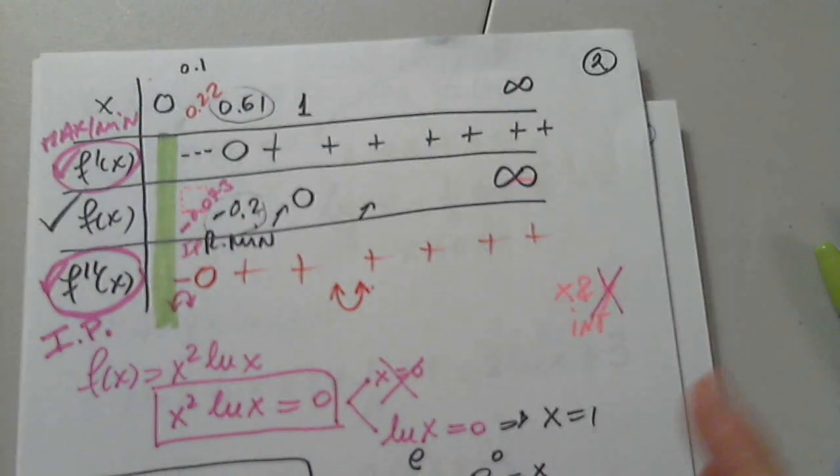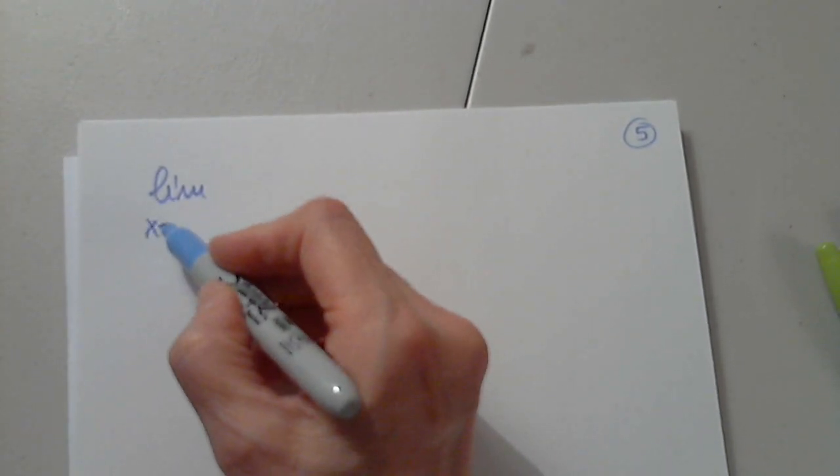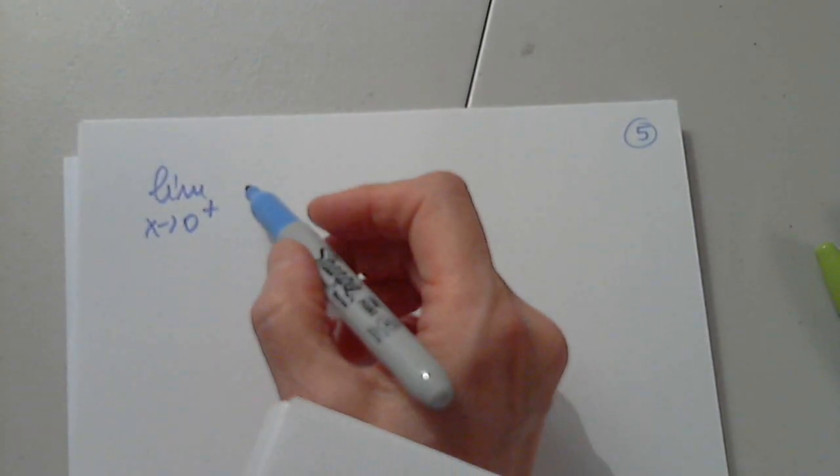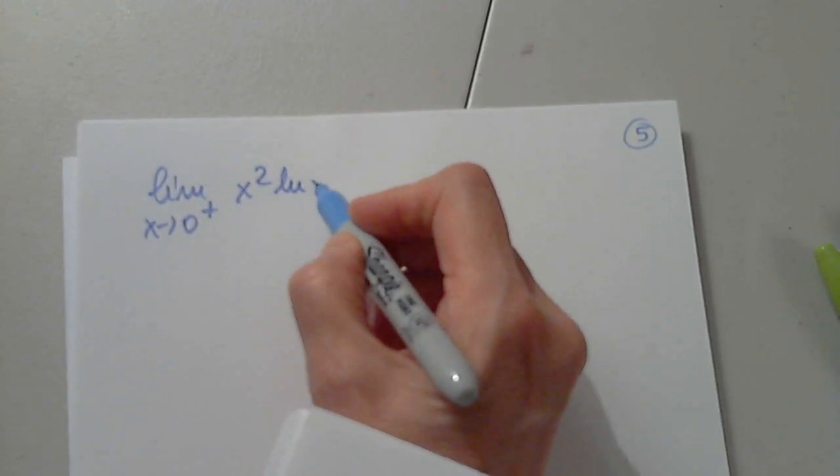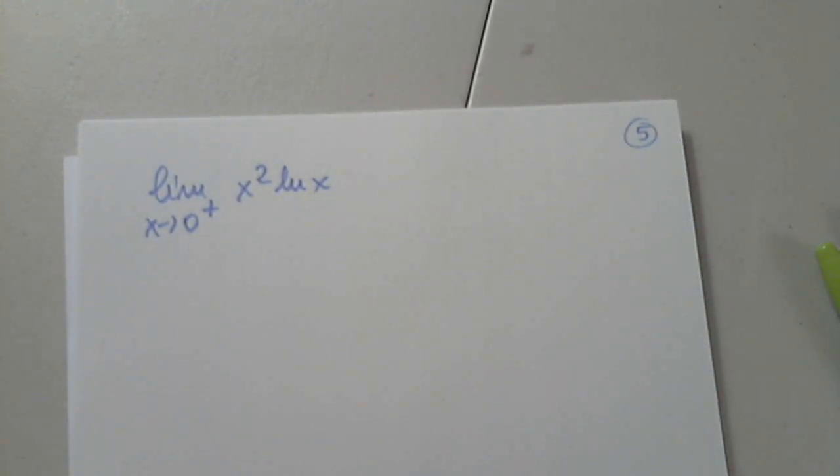I think I'm on page 5. Yes, I'm on page 5. So it was the limit as x approaches 0 from the right of x squared natural log x. And now I can put this aside and forget about it. Good.